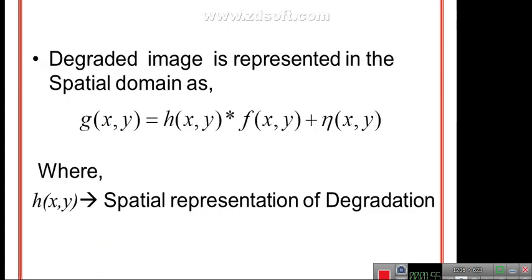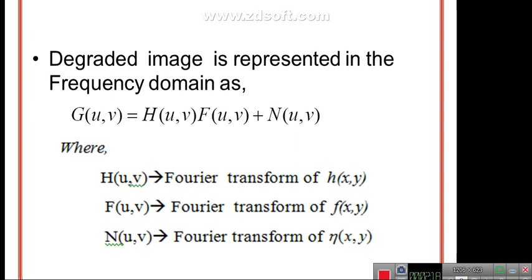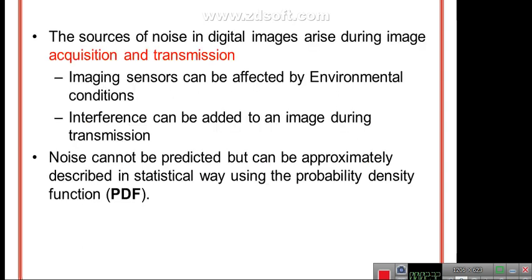This is the spatial representation of the degradation. The degraded image in the frequency domain is obtained by applying a transform, so the x and y coordinates are converted into u and v, and the letters are written in capitals. G(u,v) is equal to H(u,v) times F(u,v) plus the noise N(u,v). Here H(u,v) is the Fourier transform of h(x,y), F(u,v) is the Fourier transform of f(x,y), and N(u,v) is the Fourier transform of the noise eta(x,y).